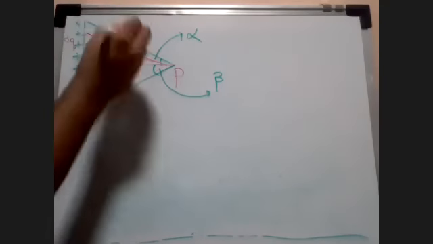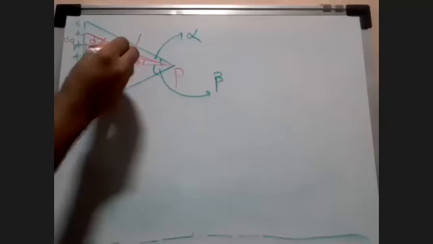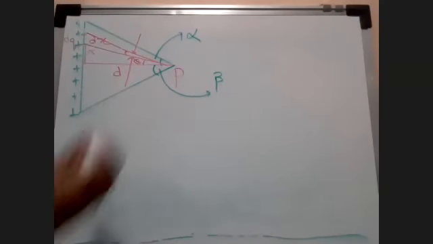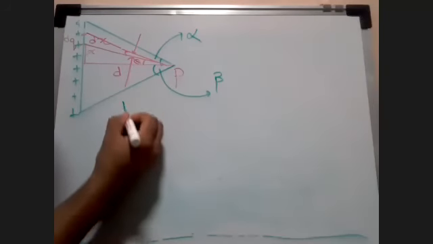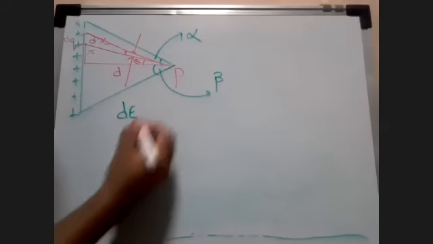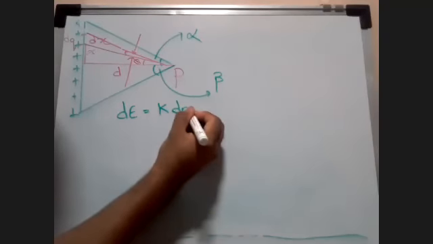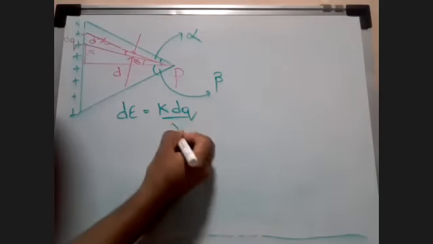This is d theta. Now let's write the equations. If you have any doubt, please let me know. Let's write the equation: electric field intensity is equal to K dq upon r square.